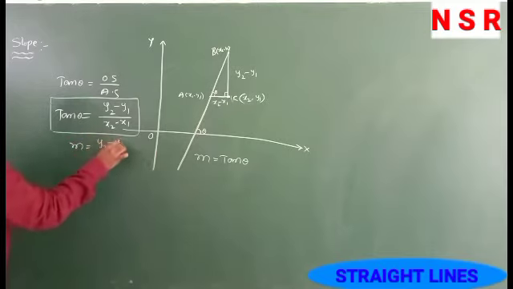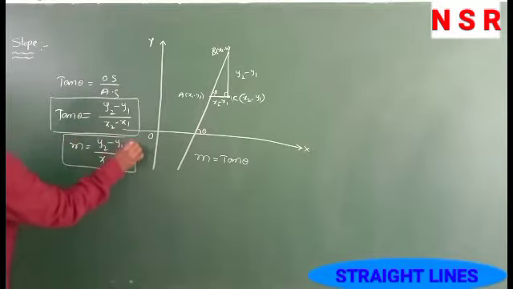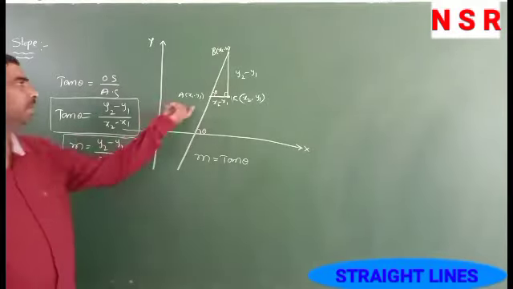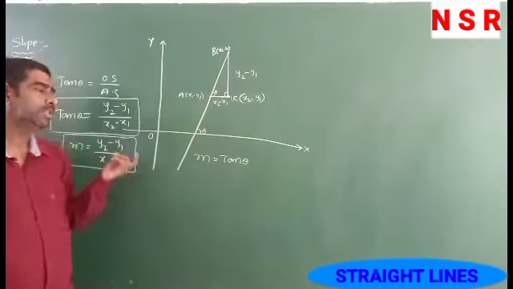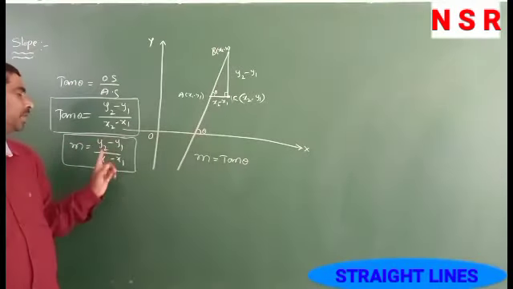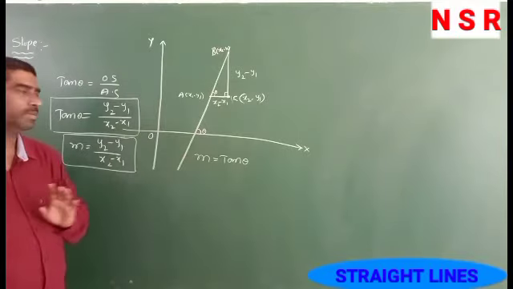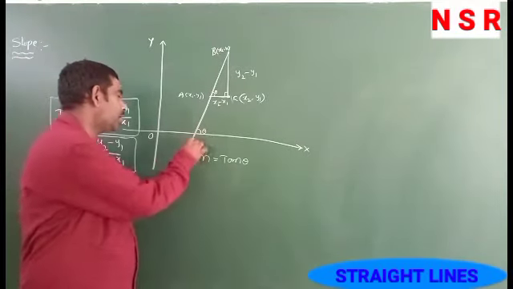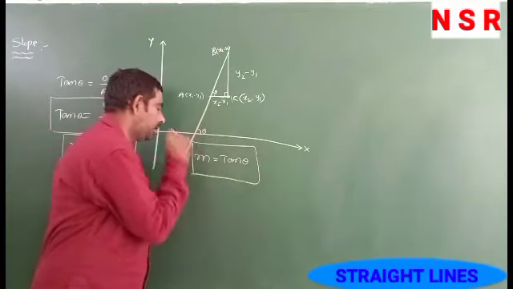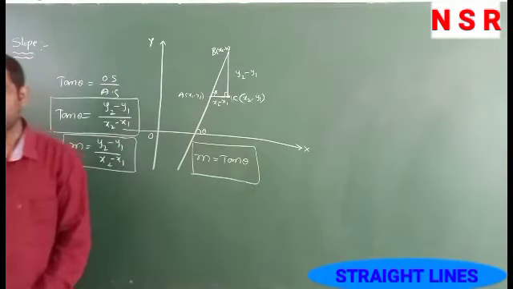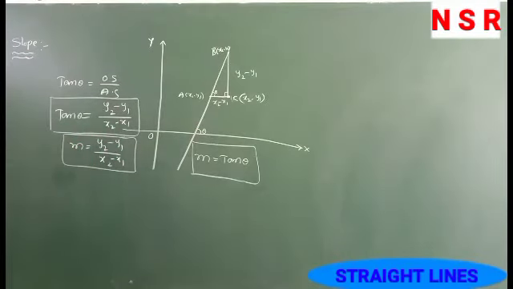So y2 minus y1 by x2 minus x1, this is the slope formula of 2 points. If we have 2 points (x1, y1) and (x2, y2) on a straight line, then slope is y2 minus y1 by x2 minus x1. If we have an angle, the slope formula is m is equal to tan theta. So this is the formula of slope.